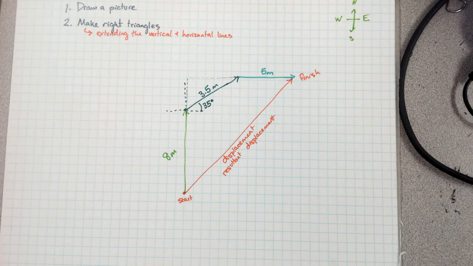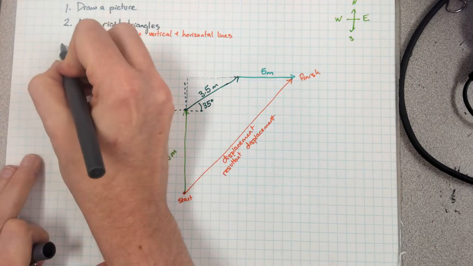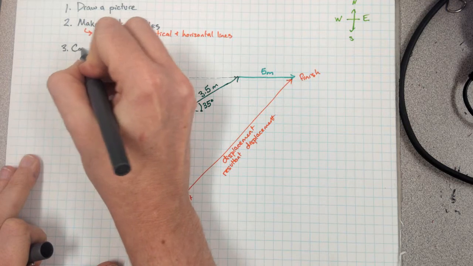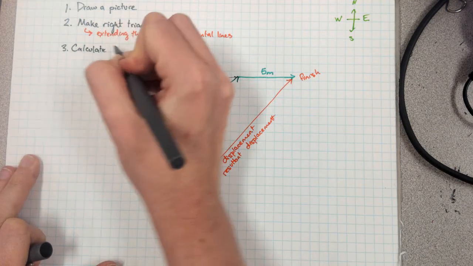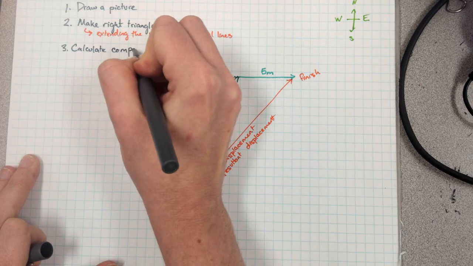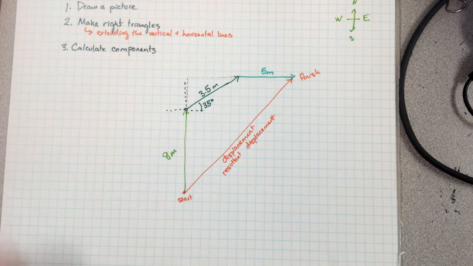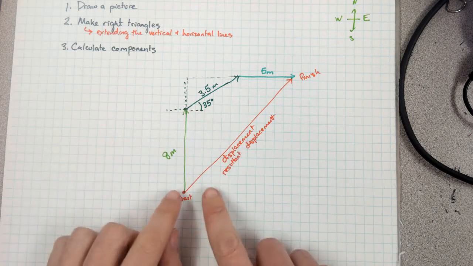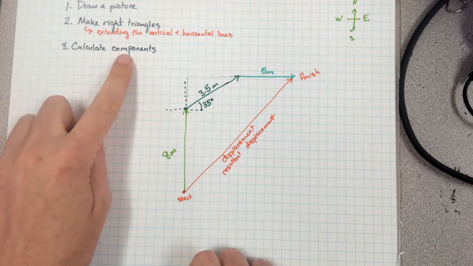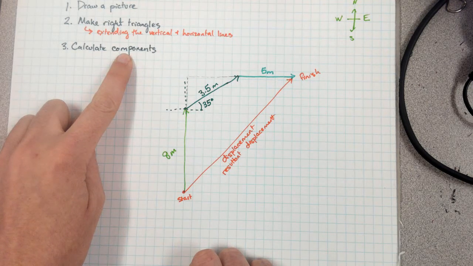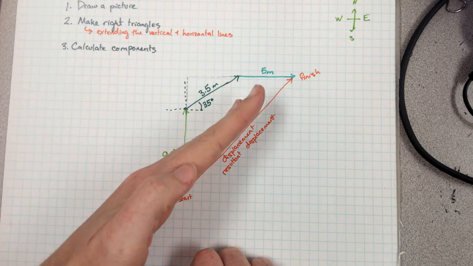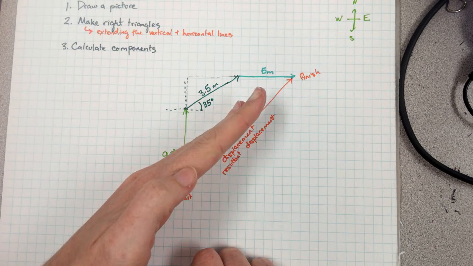So the next step, once we've got our triangles, we need to create components. So our third step will be to calculate components. Components, remember, are parts of our vectors, especially if they're going off at an angle like this one, right?